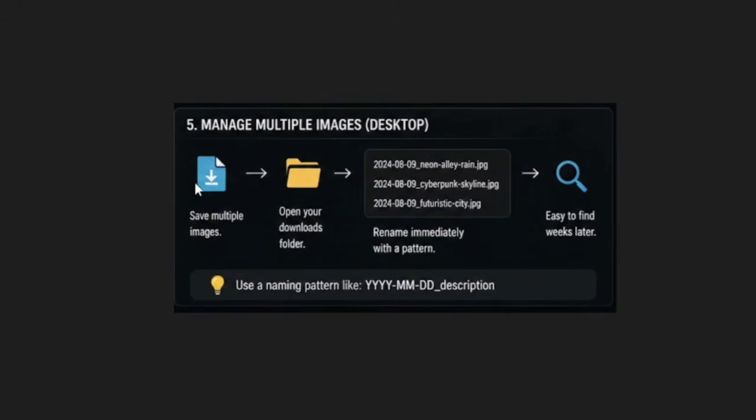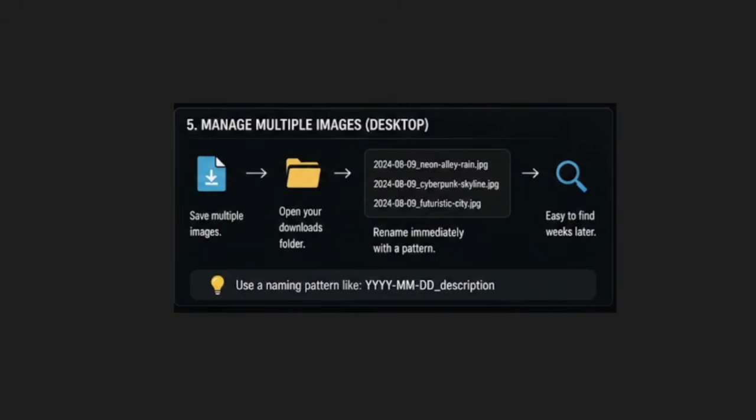That sounds almost too simple to matter, but here's why it changes everything. Weeks from now, when you're scrolling through hundreds of saved files looking for that cyberpunk skyline Grok made, a file name that just says image47 is useless. A file name that says 0809 Neon Alley Rain takes you 2 seconds to find. This one habit is the actual difference between a folder that works for you and a digital junk drawer you're scared to open.